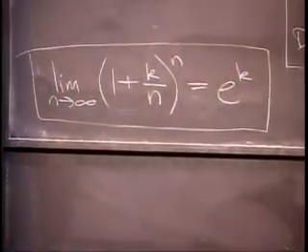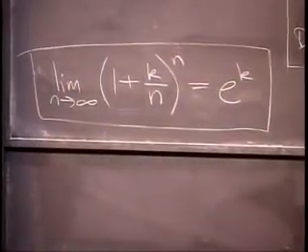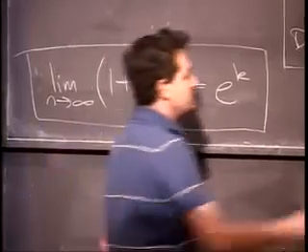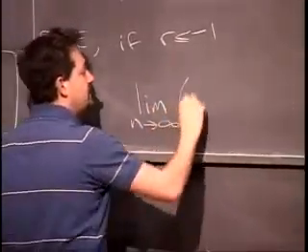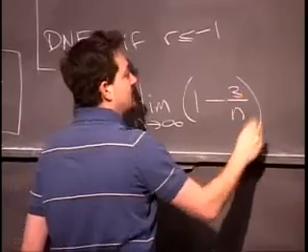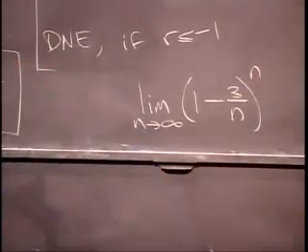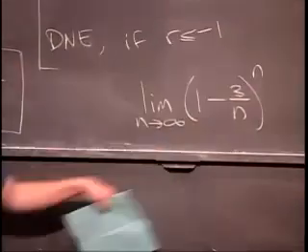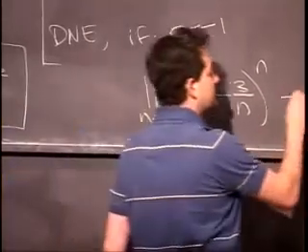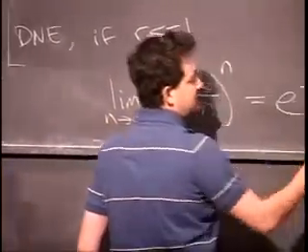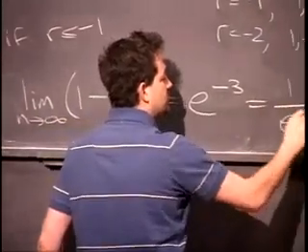Of course, when it comes up, you often don't have a k there. You normally have some number, such as: what is the limit as n goes to infinity of (1 minus 3 over n) to the n? Well, you'd better notice that this is a special case of this general formula, except with k equals negative 3. So this limit is e to the minus 3, otherwise known as 1 over e cubed.